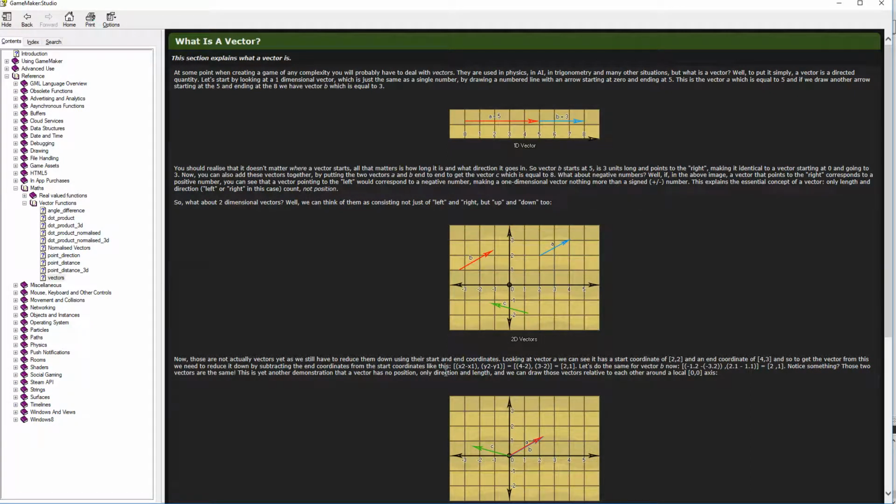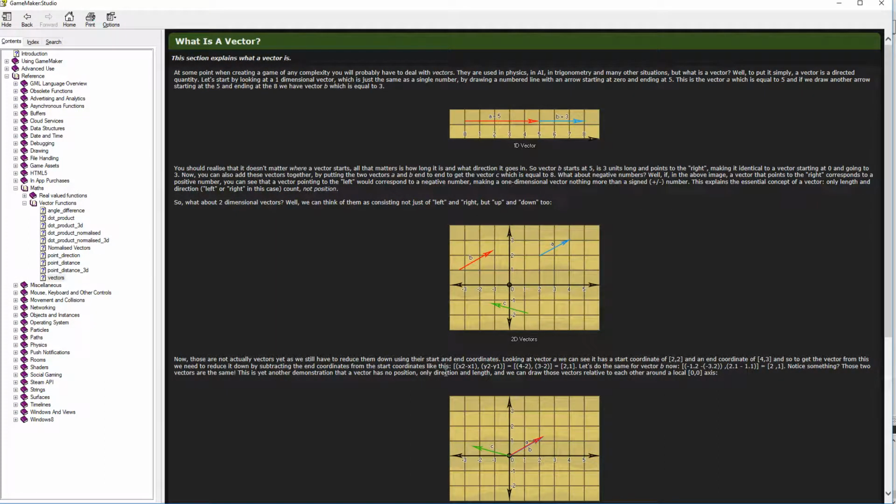You should realize that it doesn't matter where a vector starts. All that matters is how long it is and what direction it goes in. So vector B starts at 5, is 3 units long, and points to the right, making it identical to a vector starting at 0 and going to 3.